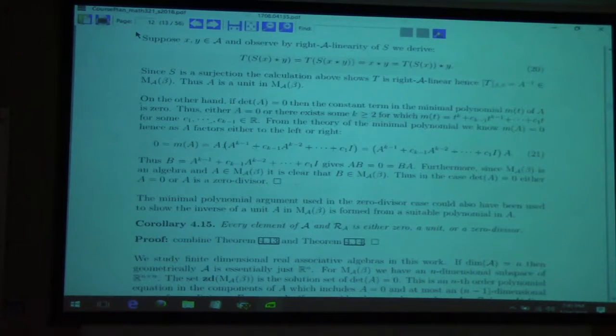There are other ways of constructing a matrix which multiplies the given matrix to get 0. You can use the theorem that if the determinant is 0, there has to be a non-trivial solution to the homogeneous problem, and you can use that non-trivial solution to construct this matrix B such that A times B is 0.